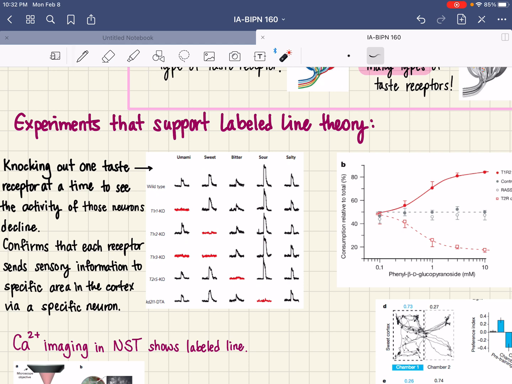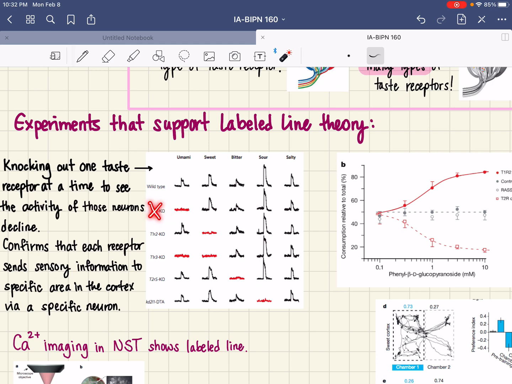After they made each taste receptor non-functional one at a time, they were able to record the neuronal activity that is coming from the neurons that are receiving information from that specific receptor. And the results were this: if they knocked out, I'm not sure which one this is, umami. So this one is the receptor for the taste umami.